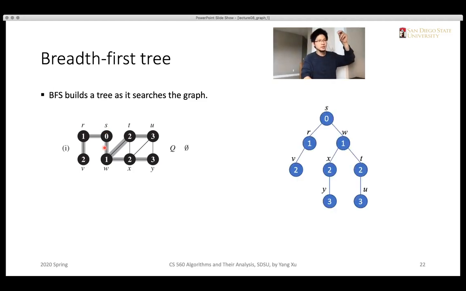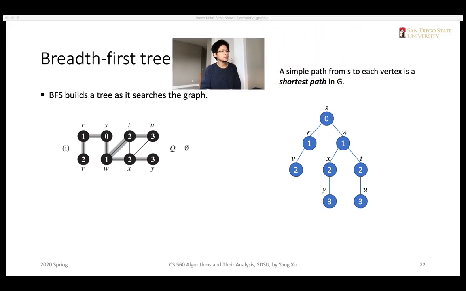So you get a tree structure like this, and all the vertices with the same distance attribute hang at the same level. R and W have distance 1, so they are at level 1, and T, X, and V have distance 2, so they are at level 2, and U and Y have distance 3, so they are at level 3. So that's how we can obtain a tree structure from the results of running BFS.